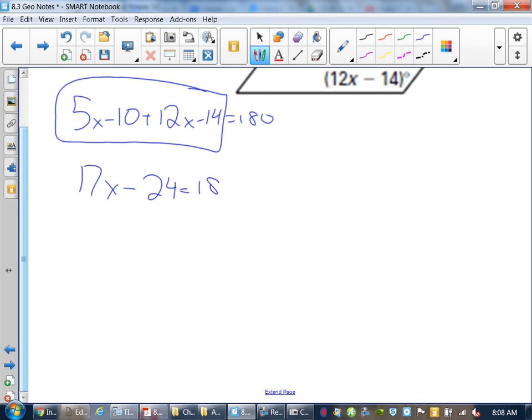Two-step equation. You get 17x is 204. The 24 over, and then you divide that out, you're going to get 12. And then you check it to make sure it worked.